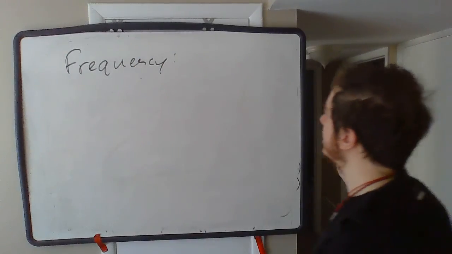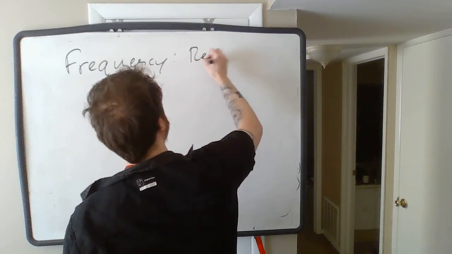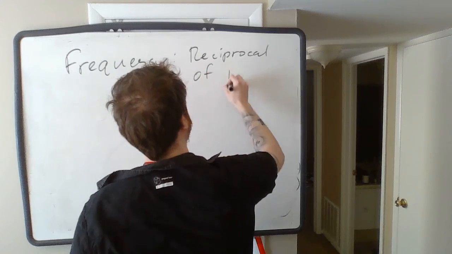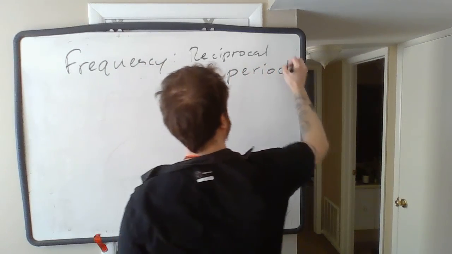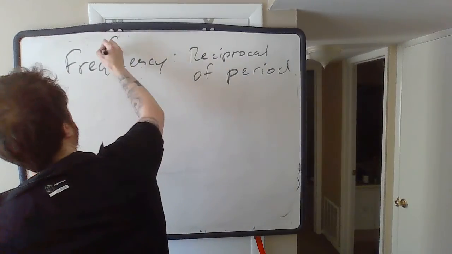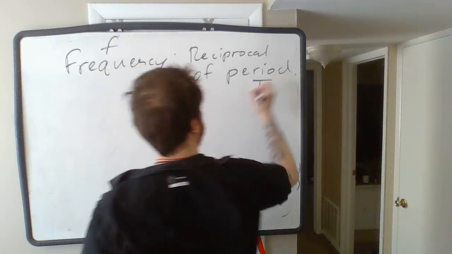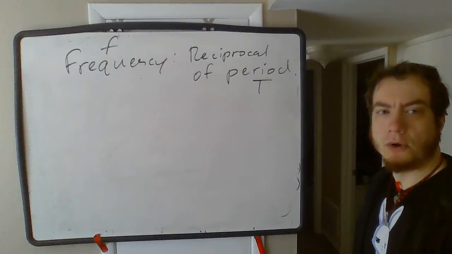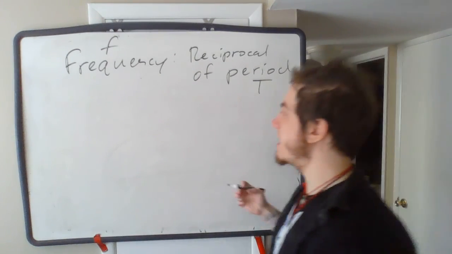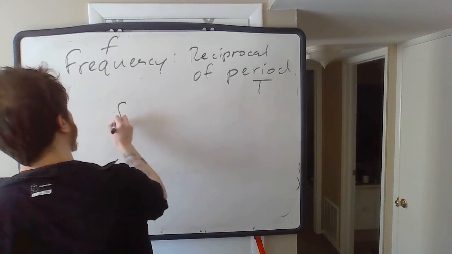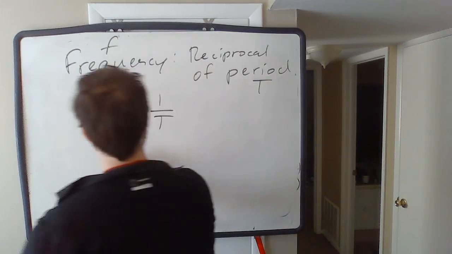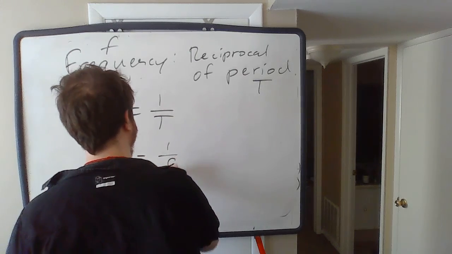And the frequency is simply the reciprocal of the period. So if we write F for the frequency and capital T for the period, for various historical reasons, capital T is often used to represent the period, then what we can say is that the frequency is 1 over the period, and the period is 1 over the frequency.